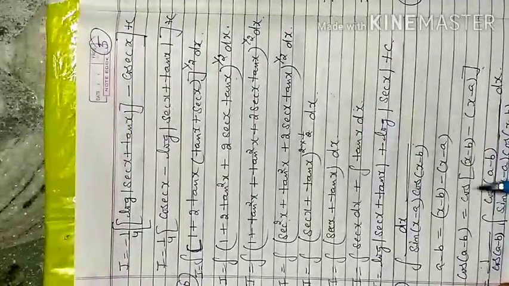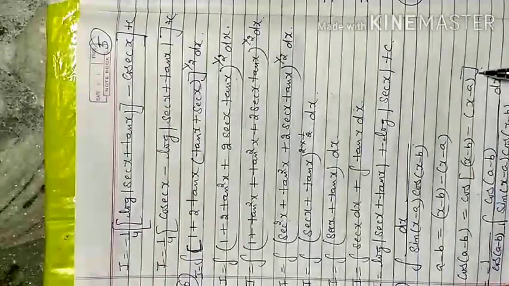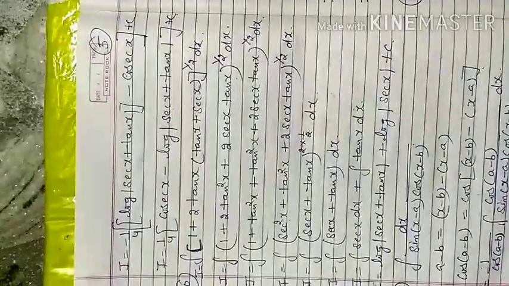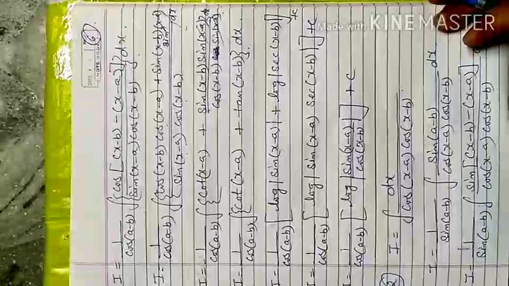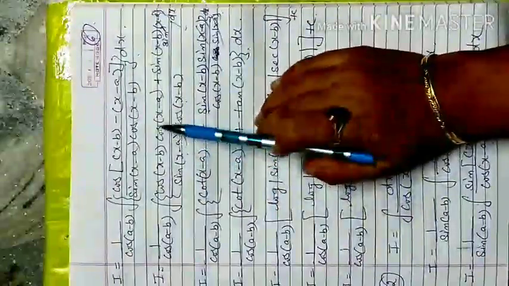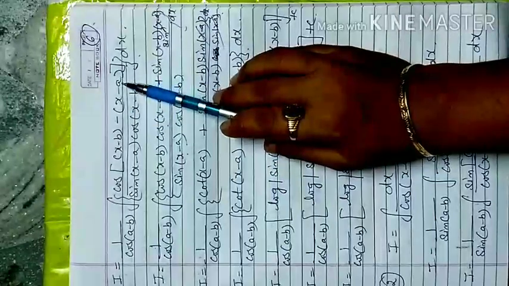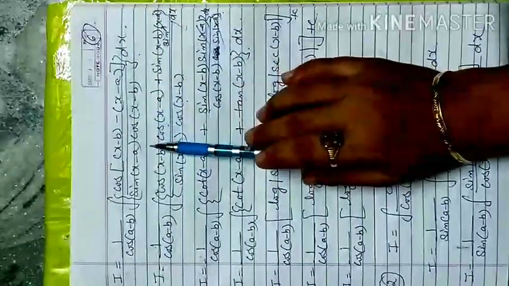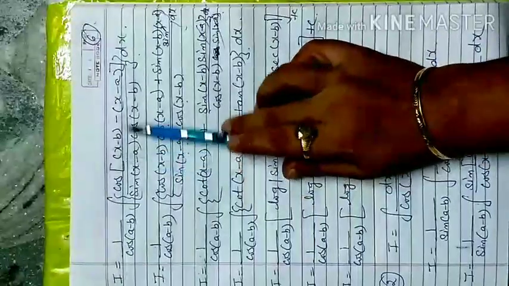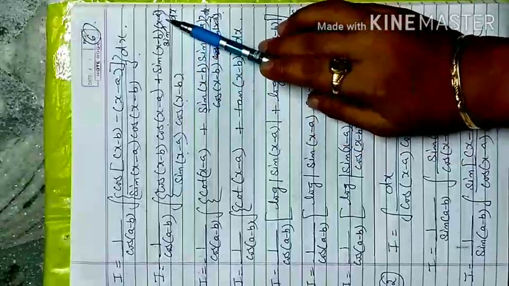Cos a minus b will be rewritten as cos of x minus b minus x minus a. So we multiply numerator and denominator with cos a minus b. Now cos a minus b is further elaborated in the form of the denominator angles, like cos of x minus b minus x minus a. If you solve this one, you get again a minus b. So here apply the cos a minus b formula, cos a cos b plus sin a sin b.